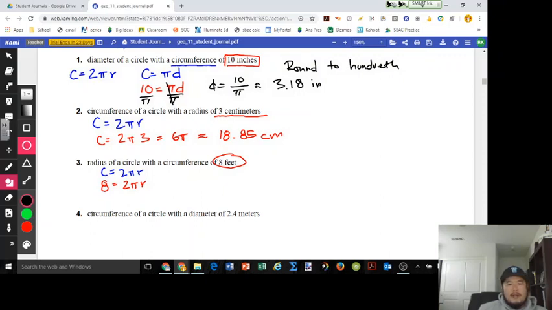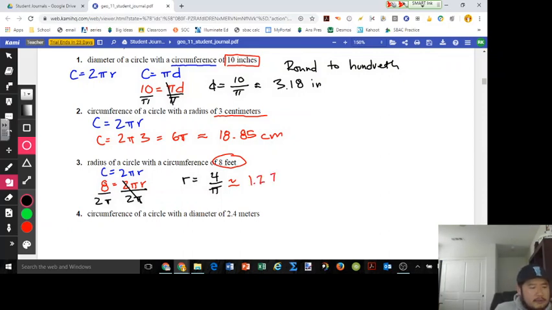Well, in order to do that, we'll divide both sides by 2 pi, and that cancels out, and then we can simplify this to where r is equal to 4 over pi. Right? 8 divided by 2 is 4. That's going to stay in our numerator, and pi will stay down below. We go ahead and plug that into your calculator, and this will be approximately 1.27 feet.